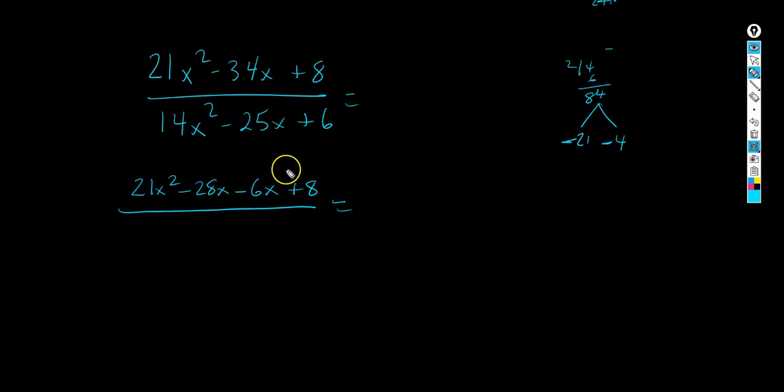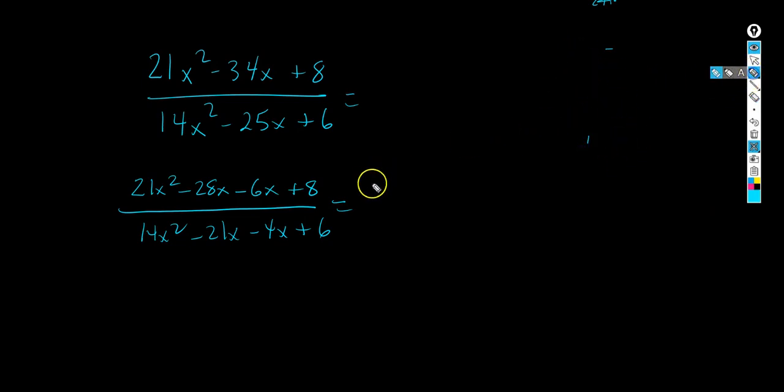So I'm going to replace this negative 25x with minus 21x minus 4x. Okay, so now I'm going to group these together.